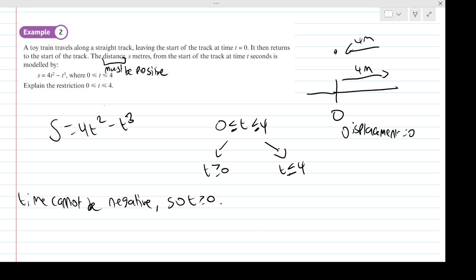If I'm back at the starting point, there's no displacement. But the distance, clearly you can see, has to be 8 meters, because that's physically how far I've walked. Distance does not care about positioning or direction. So distance is a positive quantity, and distance cannot be negative either.